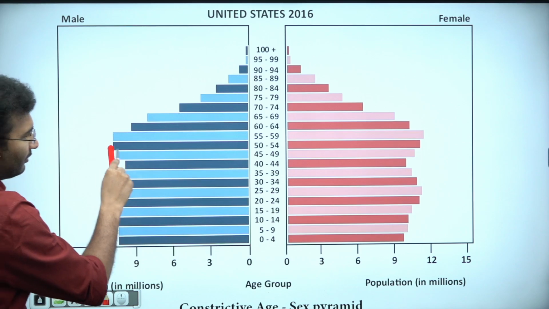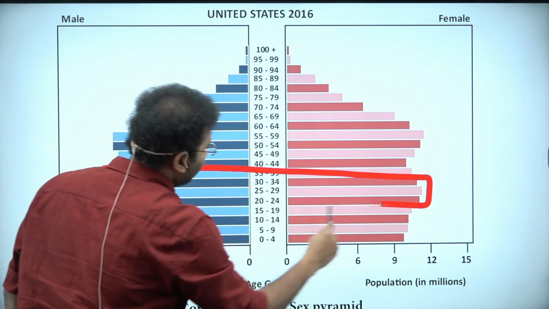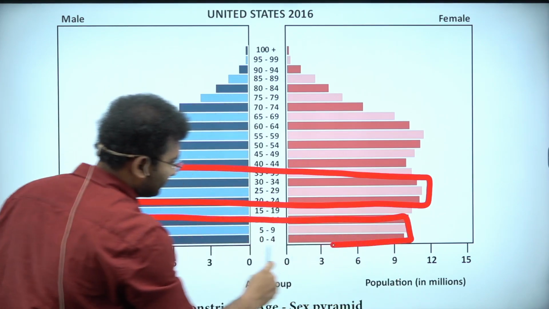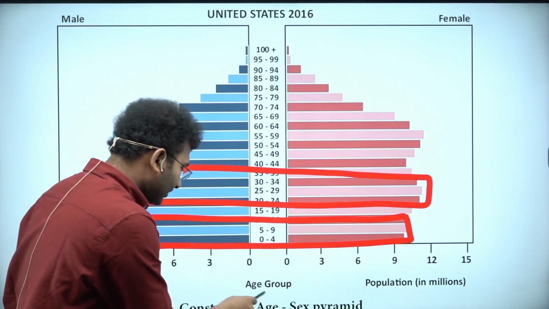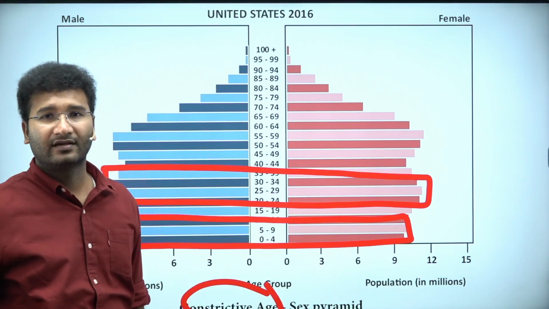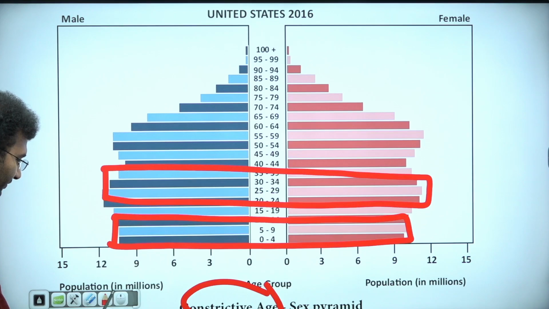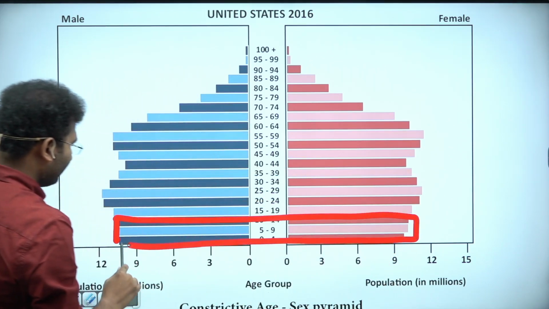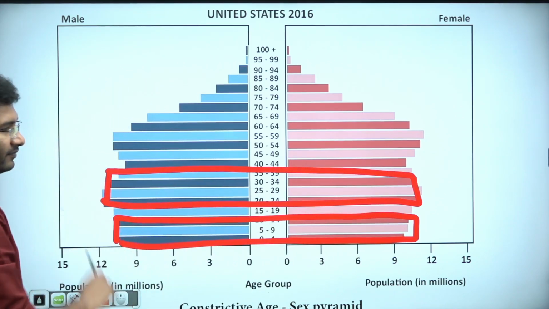Here, the population who can bear children is equal to the total children population. If this is there, this is called constructive age, right? So in totality, you need to look at the child population being more or less equal to the child bearing age population.